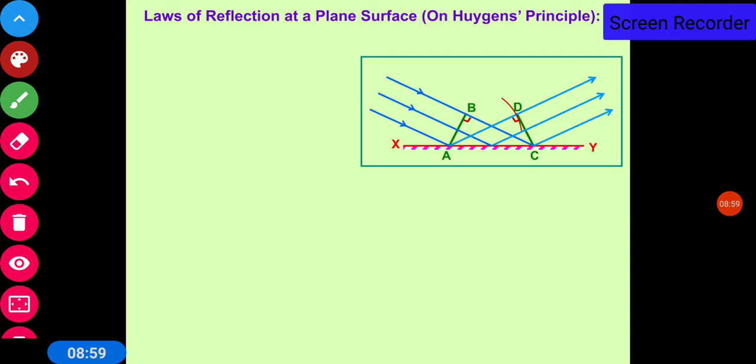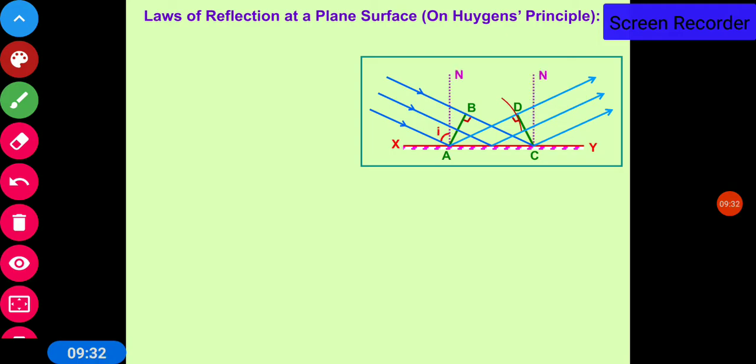The ray of light from point B reaches point C. In the time taken by the ray to reach from B to C, A will reach point D. Taking the arc on this reflected ray, CD gives us the reflected wavefront.